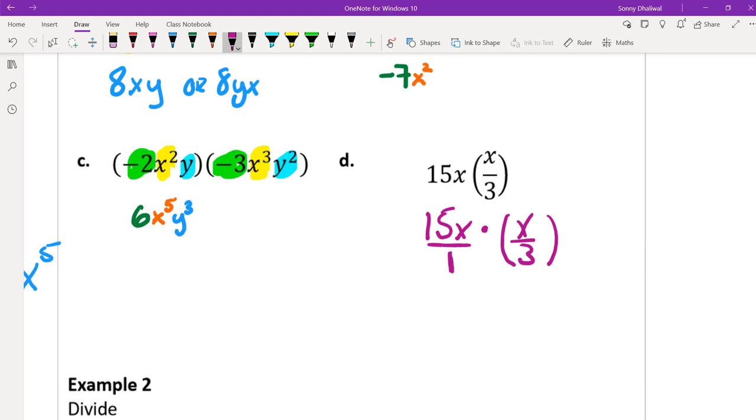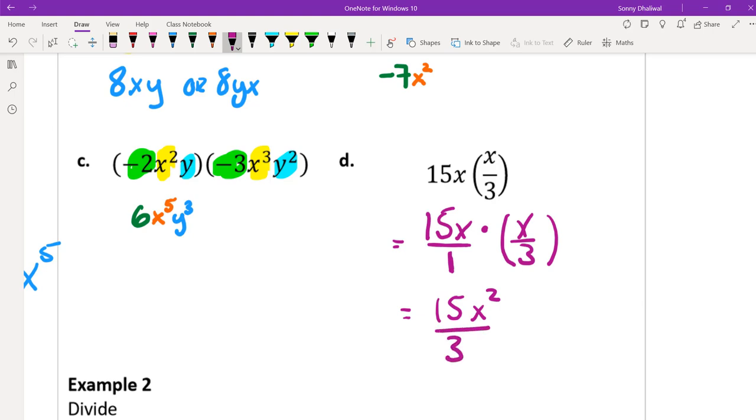We only flip when we're dividing. So we multiply the tops together when we have fractions. What would the top be? 15x to the 4th? We add the exponents, right? What's the bottom? Just 3.